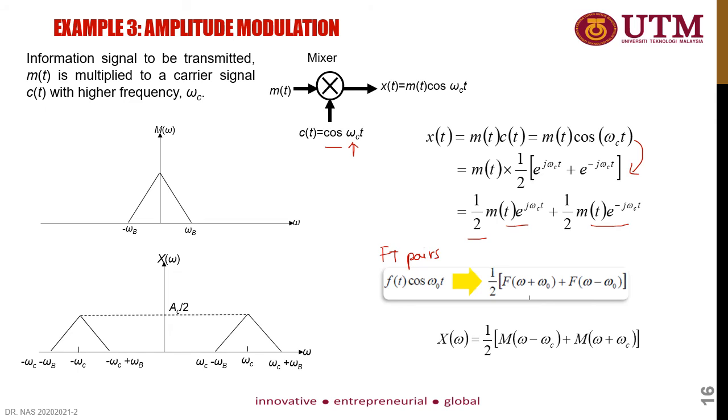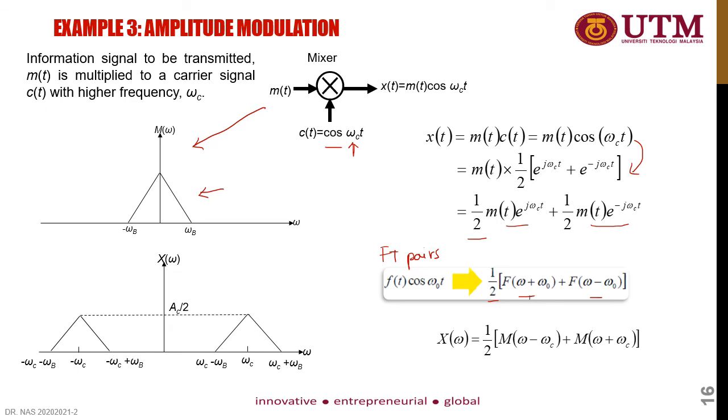The same goes when you refer to the Fourier transform table or Fourier transform pairs. When you have f(t) cos omega_c t, you will see that the frequency domain has a split of frequency, one on the positive and one on the negative side, and the amplitude is also cut into half. In terms of the spectrum representation, this is the input signal m(t), producing M(omega) in the frequency domain.